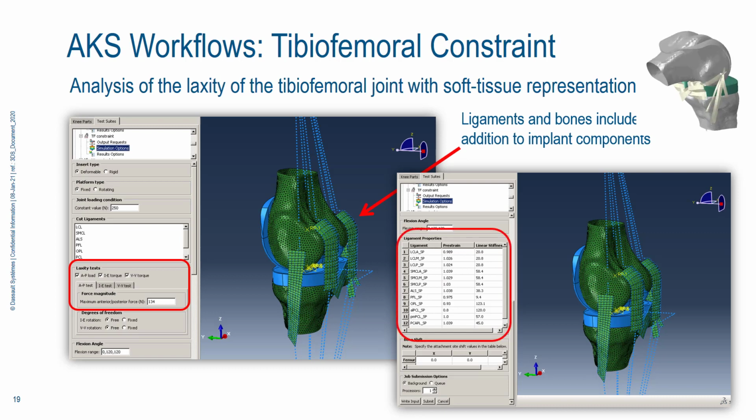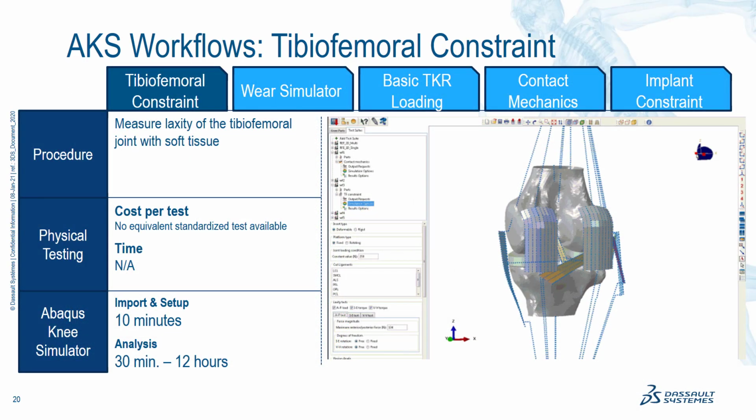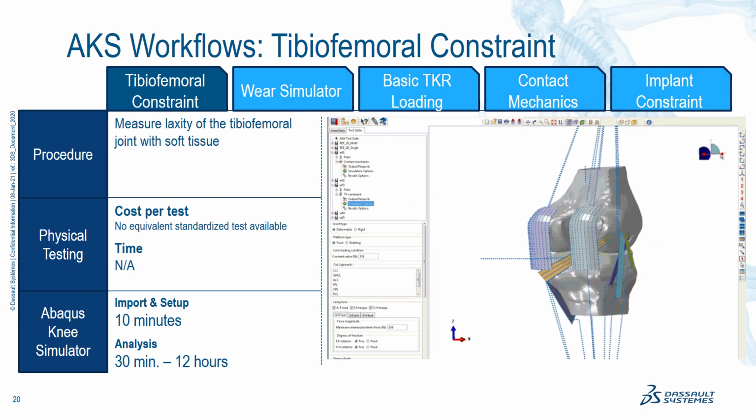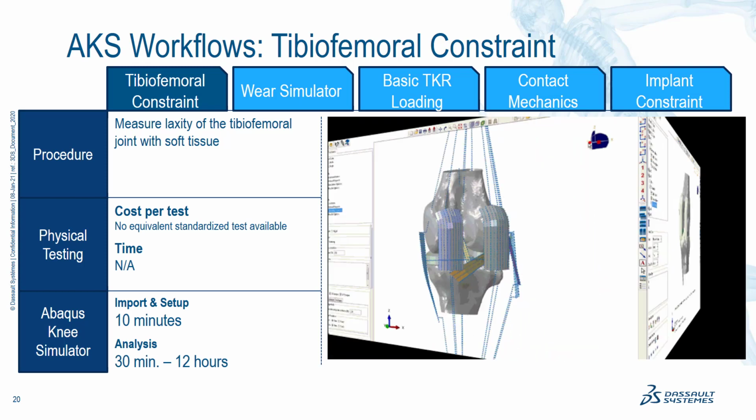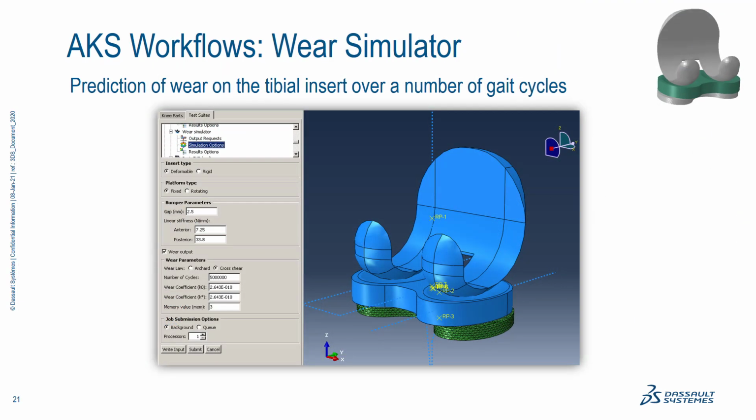Also here, for each and every ligament we can define the pre-strain and the linear stiffness, which is very important to define the specific patient situation. And also the bone shift for the femur. Here there is no equivalent standardized test. It's a very complex test, and again in Abaqus it can be done in up to 12 hours with just 10 minutes of setup.